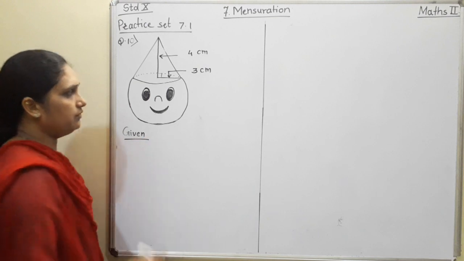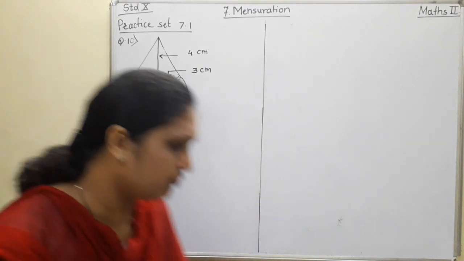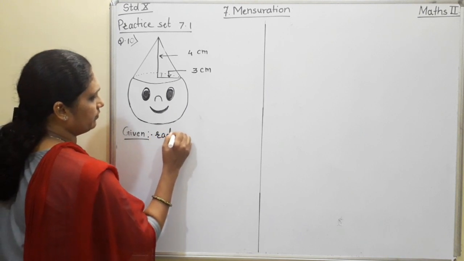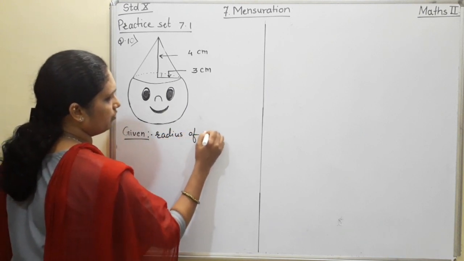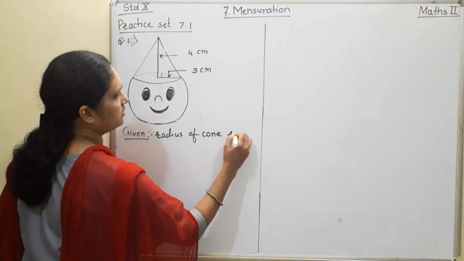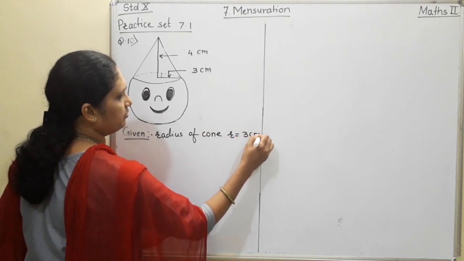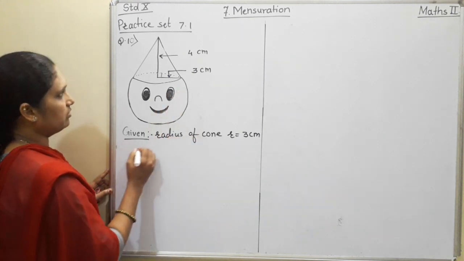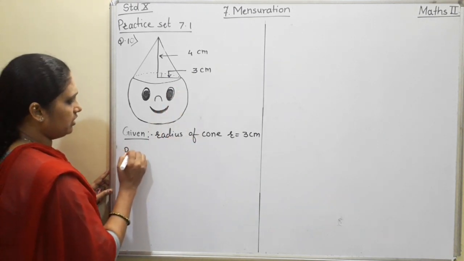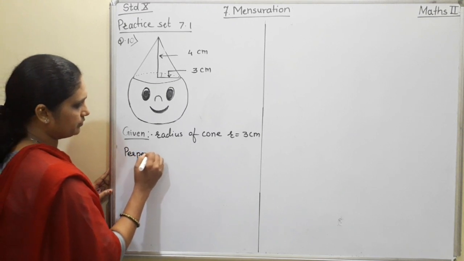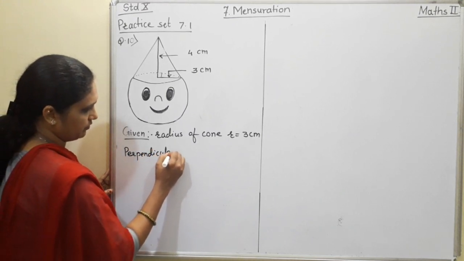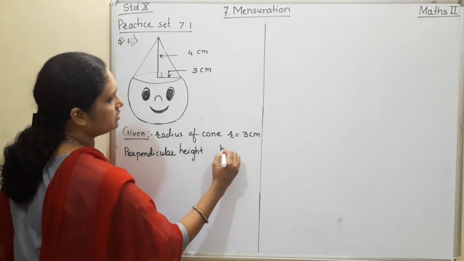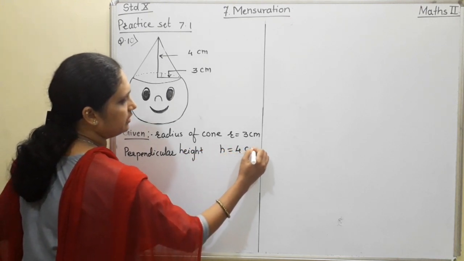In the given, radius of cone r is equal to 3 centimeter, which is also equal to the radius of the hemisphere, and perpendicular height h is equal to 4 centimeter.